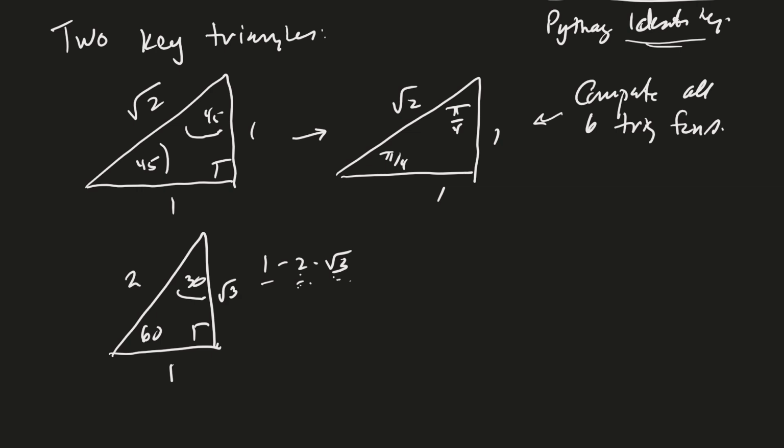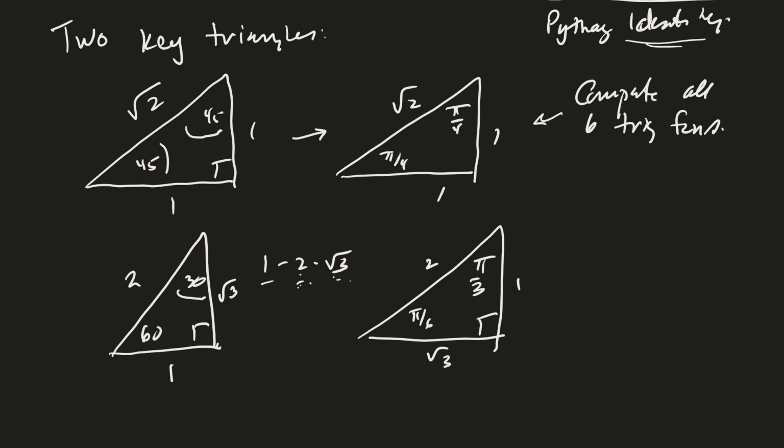This is not to scale. Pi sixths, pi thirds, 90. I just reversed it for you. I hope you didn't get confused.